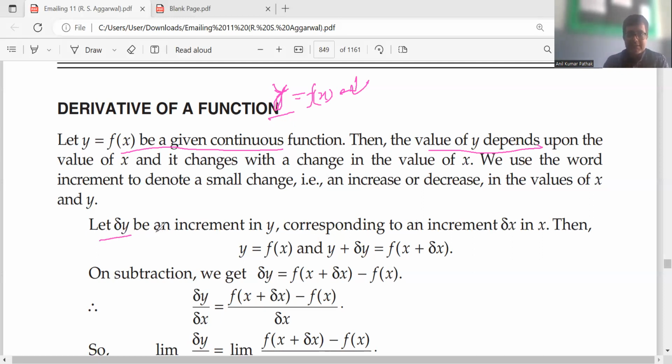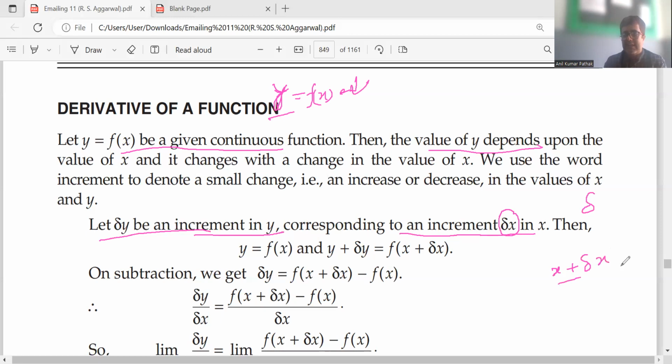Basically, we take a little increment in y for the corresponding increment in x. Whenever we go for a very small change, it is denoted in mathematics by the symbol delta. So we have added delta x to x.